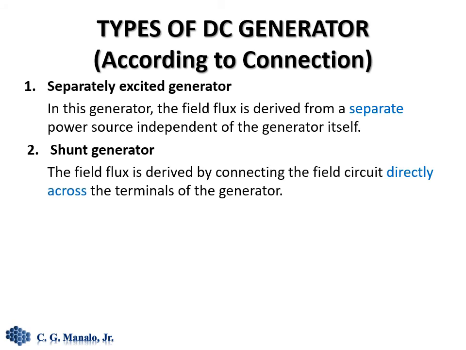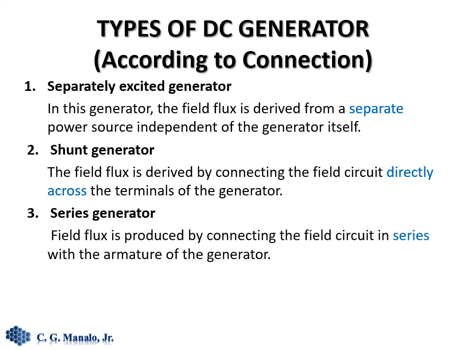Another one is the shunt generator, where the flux is produced by connecting the field circuit to the output of the generator itself. The third is the series generator, where the field flux is produced by a field circuit that is in series with the armature circuit.